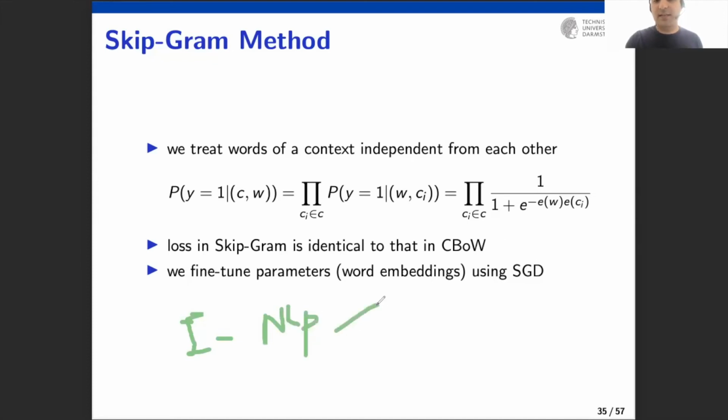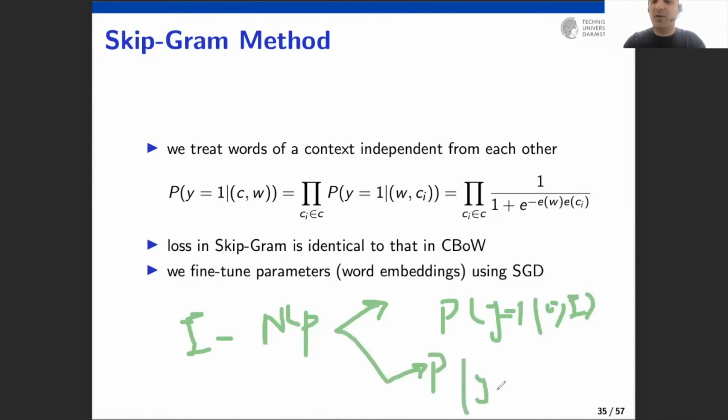what we do is that we calculate the probability of Y equal 1 given W and I as one word, and the probability of Y equal 1 given W and NLP, right?